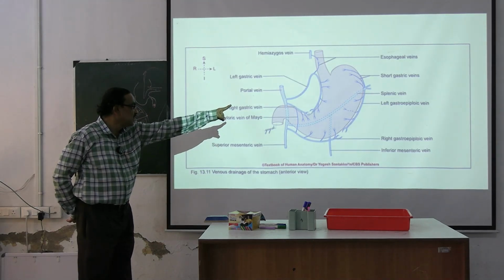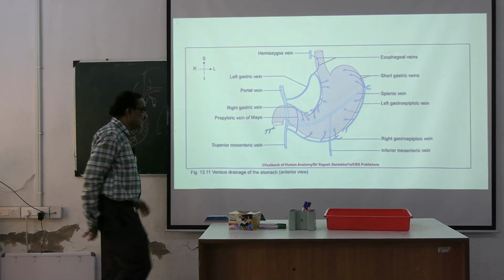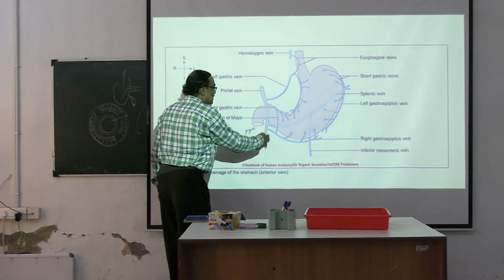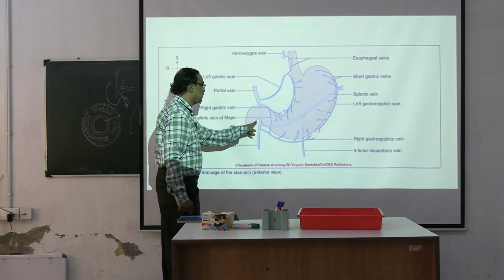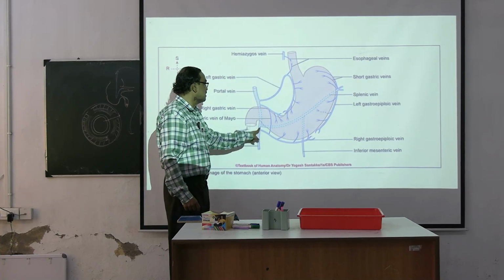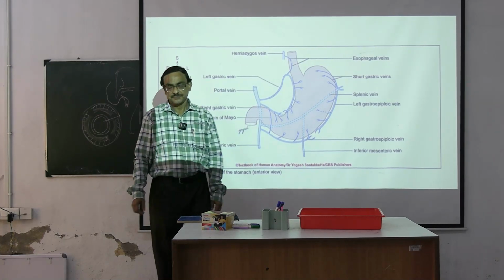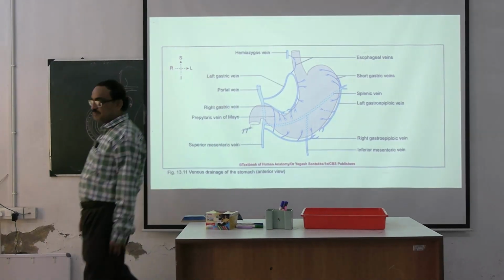Superior mesenteric vein and splenic vein, here we are getting the pancreas. Behind the neck of the pancreas there is a formation of the portal vein, it goes up. So this is the venous drainage.